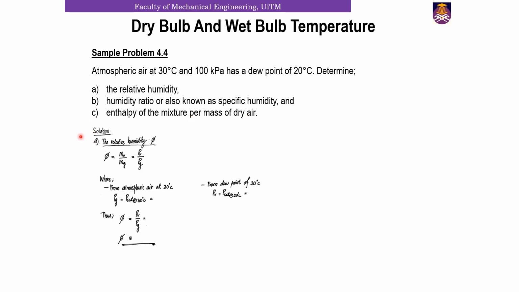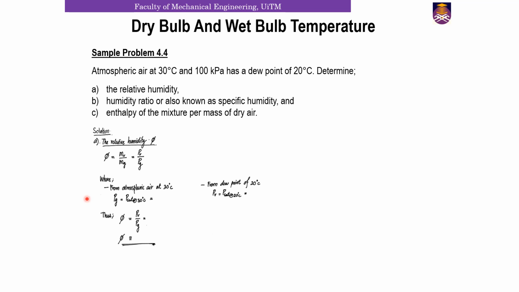In order to find the relative humidity, all you need to do is use this formula. For that we have to find these two parameters, pressure PV and PG. PG is nothing but your P saturation at 30 degrees C, which you can find from the table easily.